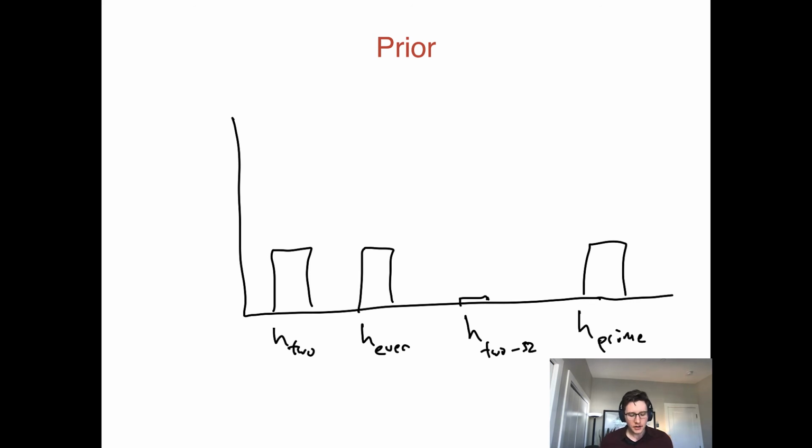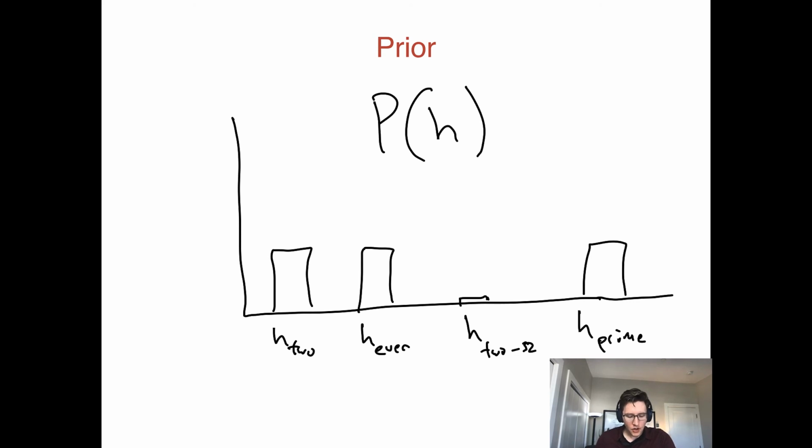Well, we imagine that we come to the problem with some prior knowledge about the problem, that is some prior distribution P of H. Notice that I've written here P of H, not given anything in particular, that is, not given our data. And that prior probably looks something like this.